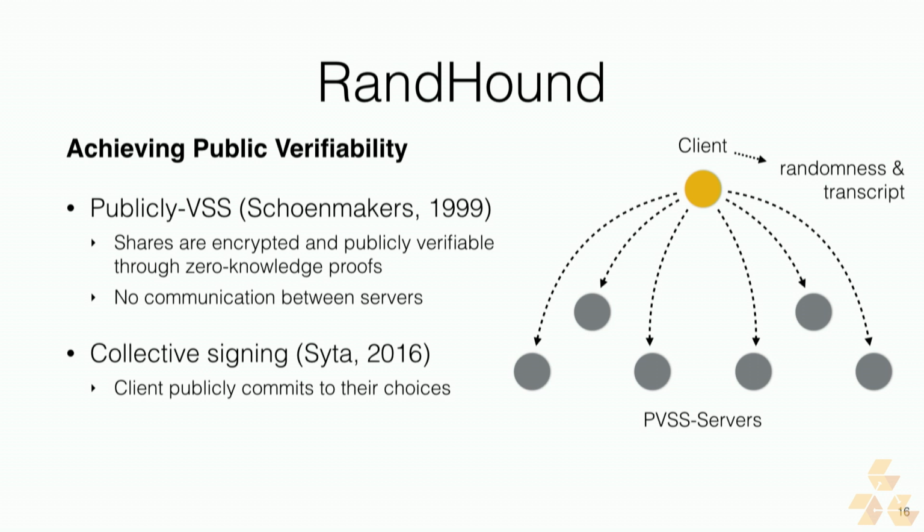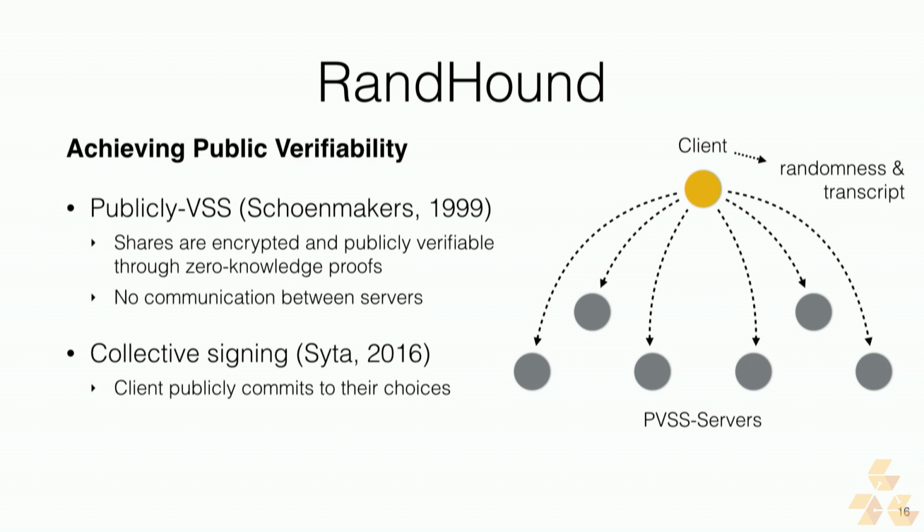And in the course of the protocol run, since all the messages go through the client and everything is publicly verifiable, the client creates a third-party verifiable transcript of the protocol run that he can later present to third parties to make the randomness verifiable.